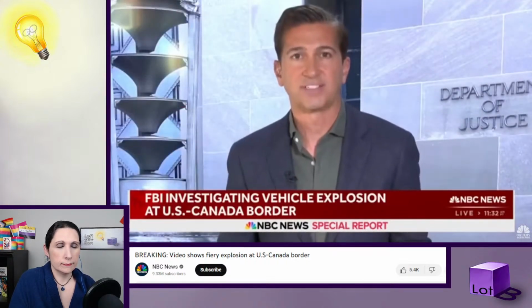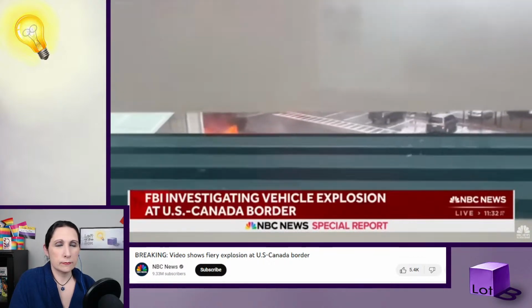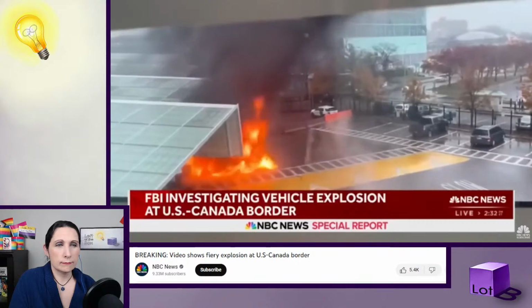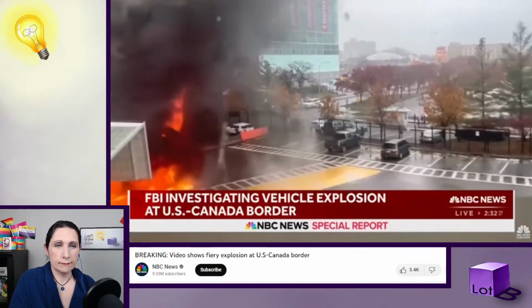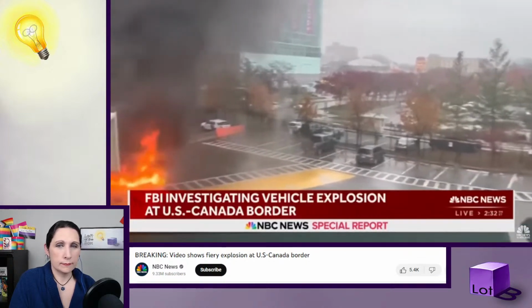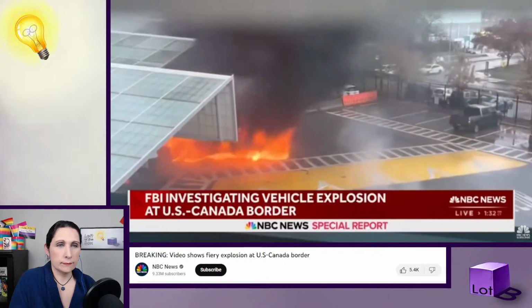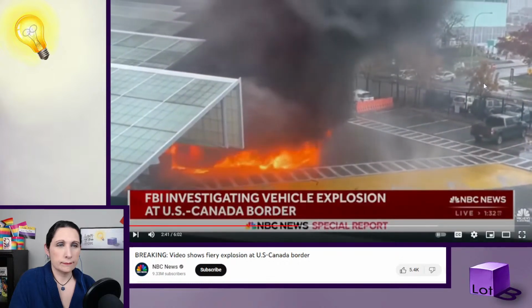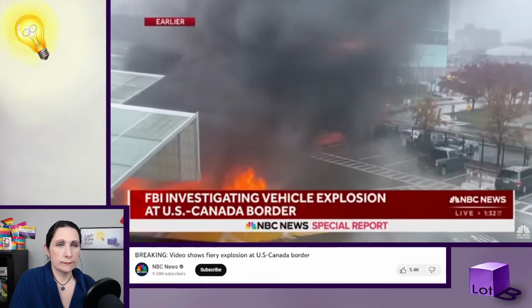But again, our reporting is that there was no evidence of a car bomb. What remains to be known is whether this was an intentional act or an accident of some sort, a medical emergency. All these kinds of scenarios are possible. What's been clear from the people I've been talking to is they're not ready to even use the word terrorism in connection with this incident. They just say there is no evidence to support that. Nonetheless, they are being vigilant and investigating.